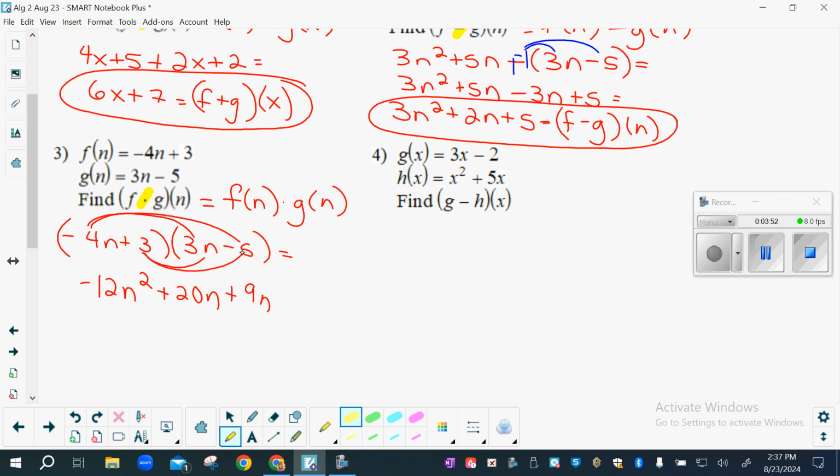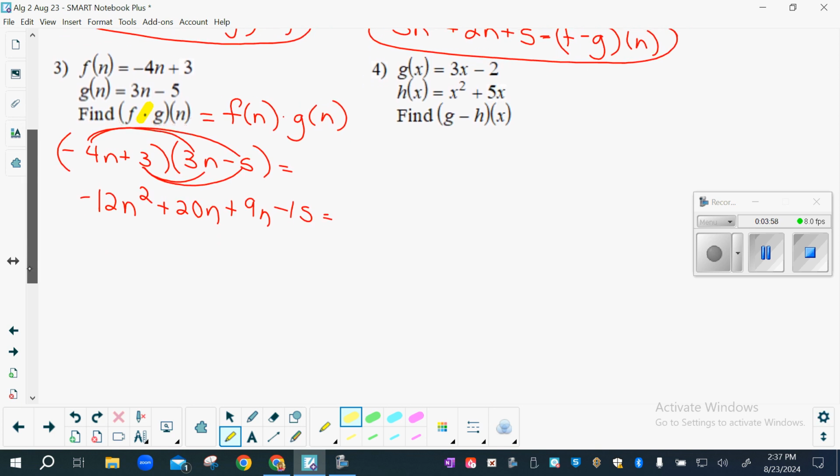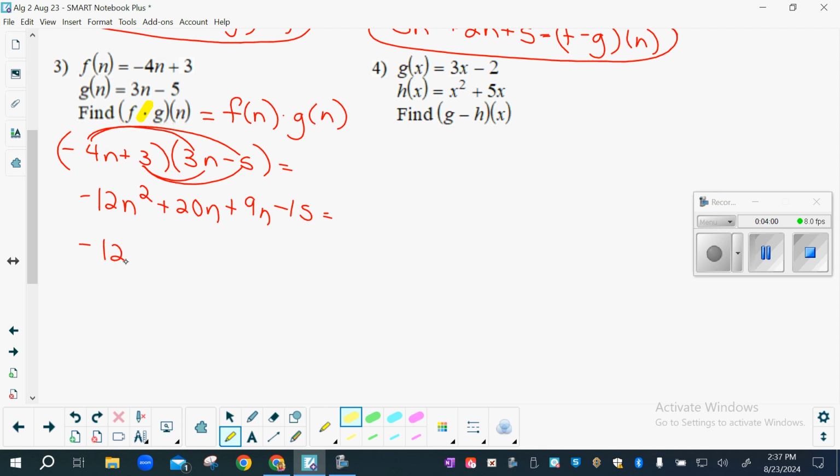And then 3 times -5 is -15. So now we're going to add our like terms. -12n squared plus 29n minus 15 is equal to f times g of n.